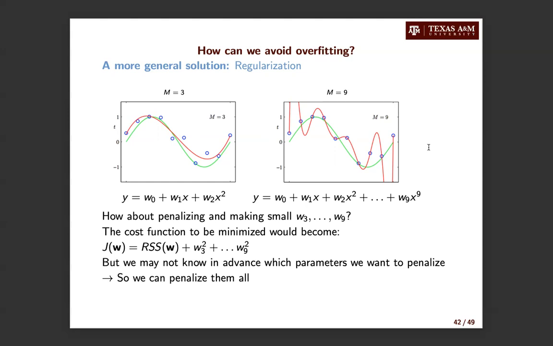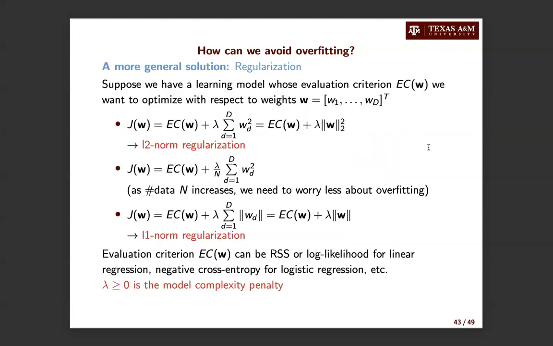For this reason, we are going to penalize all the parameters of our model and learn our model such that it figures out by itself from the data which parameters to penalize more.